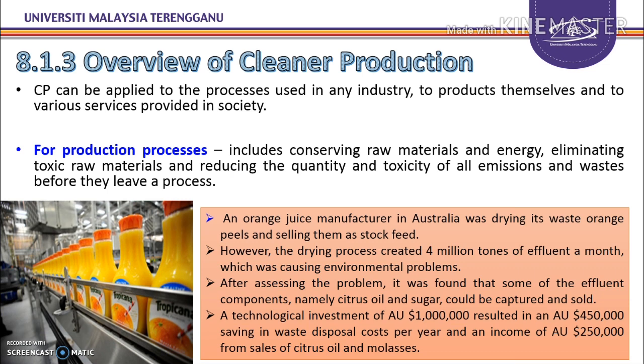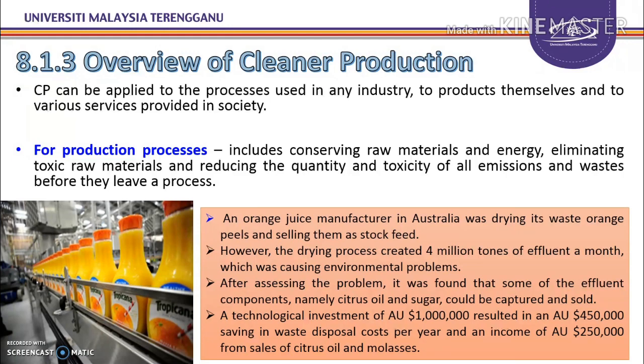What you have seen in this slide is an example of orange juice manufacturing in Australia. This company wants to extract orange juice from oranges, but they produce a byproduct, which is waste orange, known as orange peels. They sell this byproduct to other companies as stock feed for their manufacturing process.